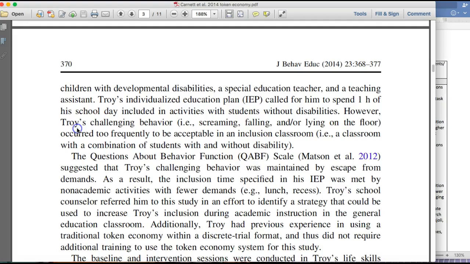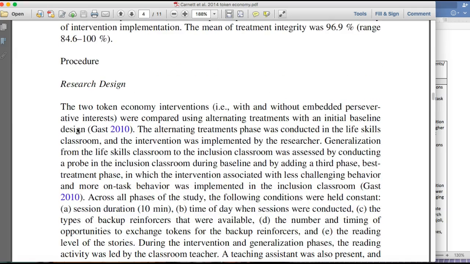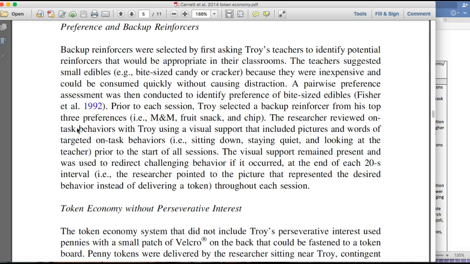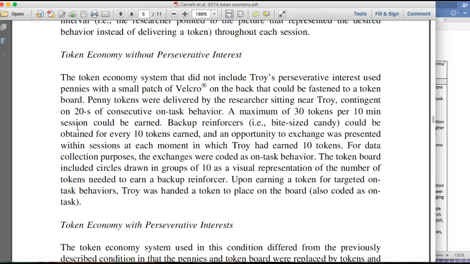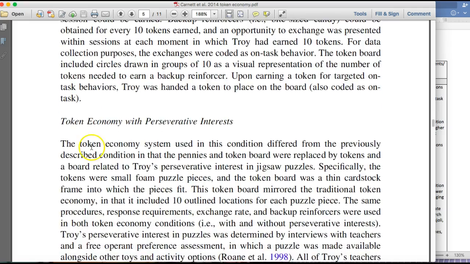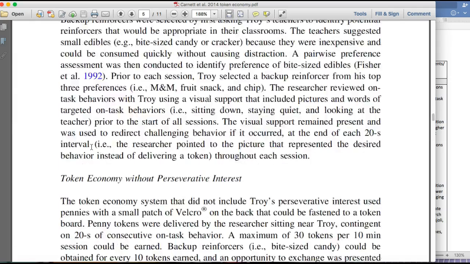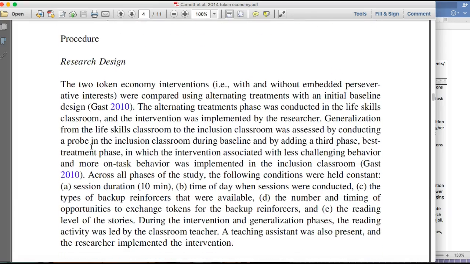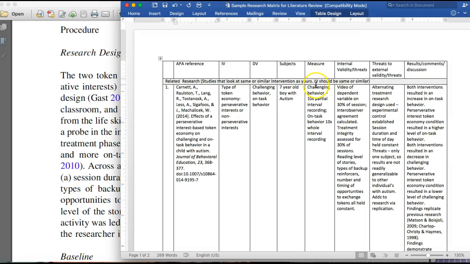The measure, so for that information, again, coming down here to the research design, here it talks about what is being done, the token economy with perseverative interests and non-perseverative. In the procedure is where you find what the measure was.